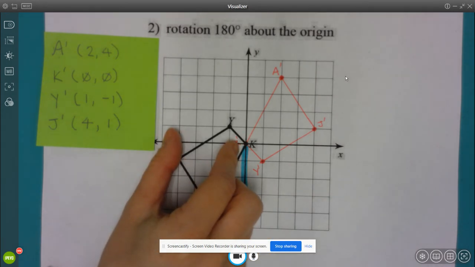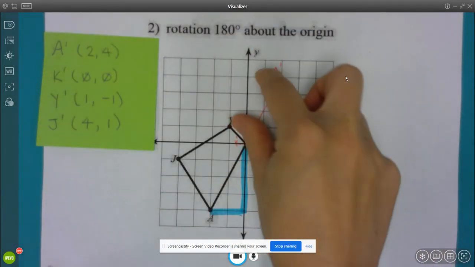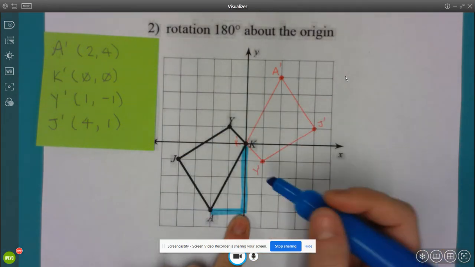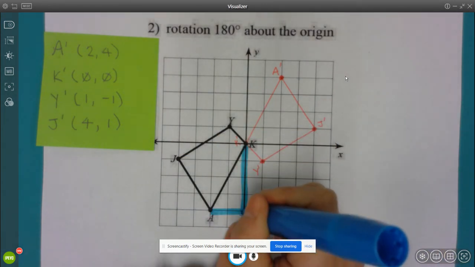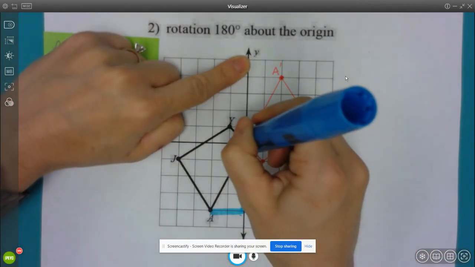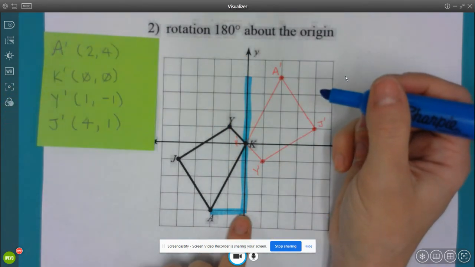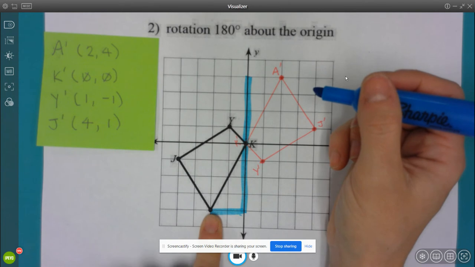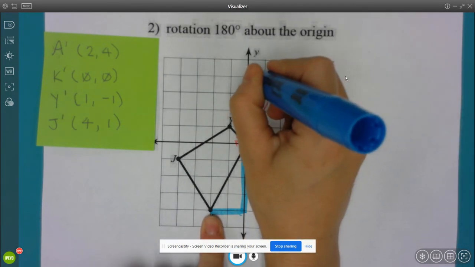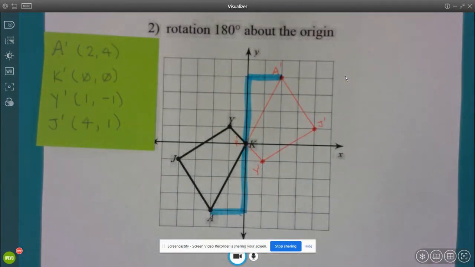But because I'm doing 180 degrees, I have to take my triangle and go all the way up 2 turns. So this triangle, instead of going down 4, I have to switch it to now going the opposite way. So I'm going to go up 4, and I'm still going to go sideways 2, but instead of going to the left, I'm going to go to the right, and that will get me A prime.